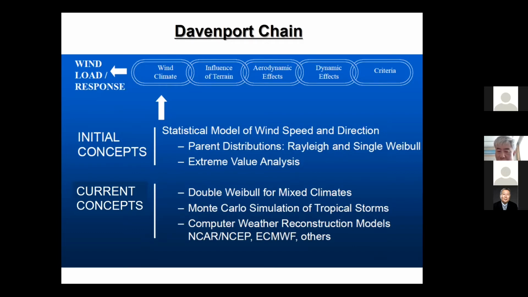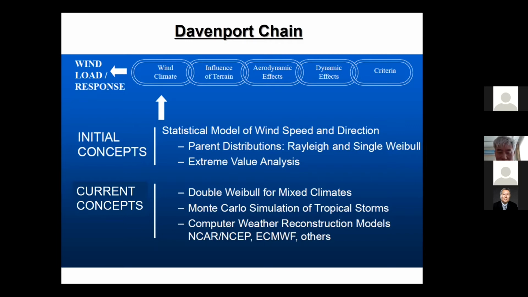But currently, and actually not just currently, possibly from 10 or 20 years ago, people have done a lot of research on double Weibull for mixed climate, considering monsoon and typhoon. Even currently, some people like Professor Sorani consider the mixed climate of monsoon, typhoon, and thunderstorm, which is developing.